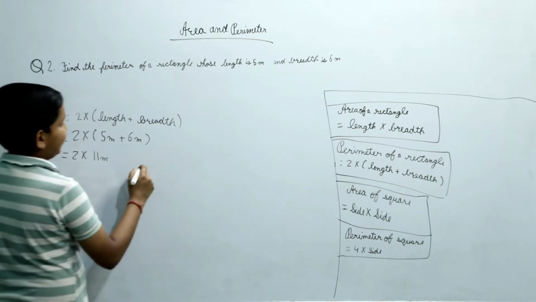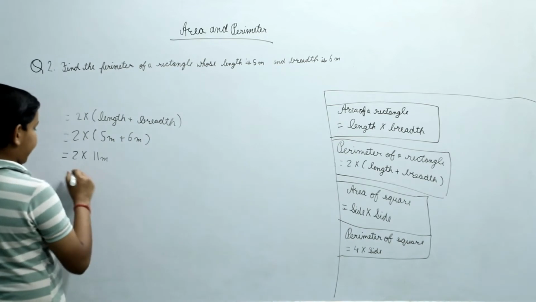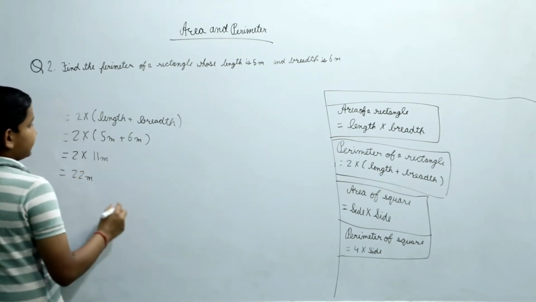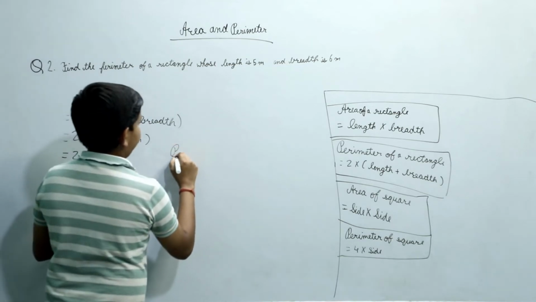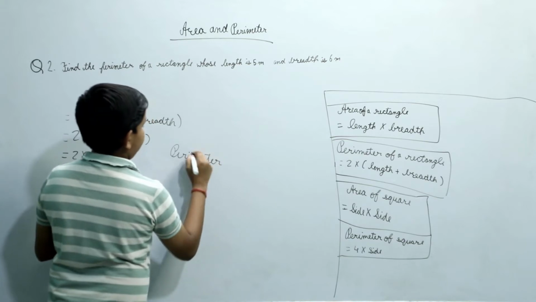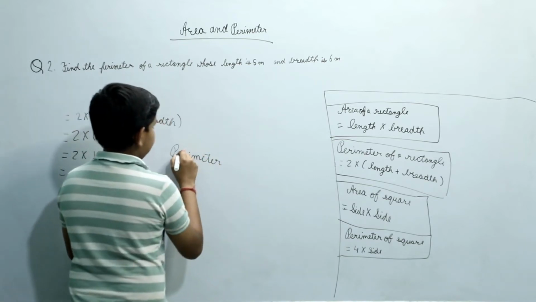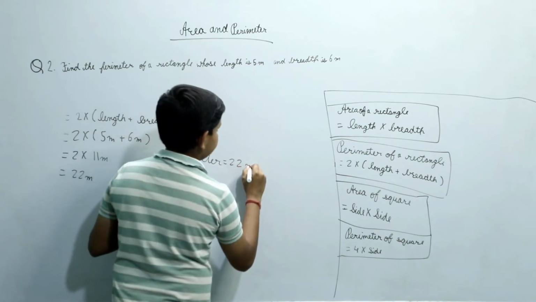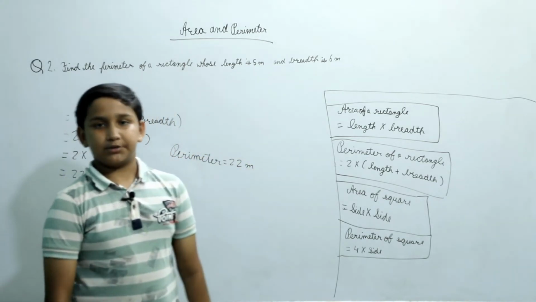We will not write meter square because it is not multiplied. So, 2 into 11 is equal to 22. So, our perimeter is equal to 22 meters. So let's move on to our next question.